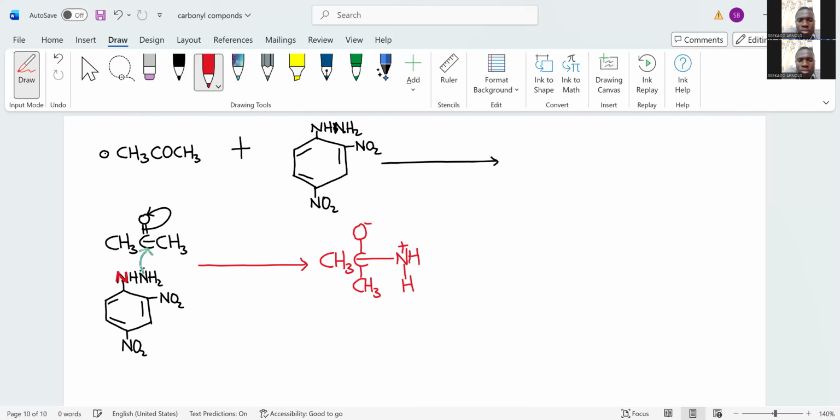Then that N also has NH, so it has another N that carries hydrogen, and this N has a benzene ring. So long as you represent it correctly, and the bonds are done appropriately, there's nothing so much to worry about.